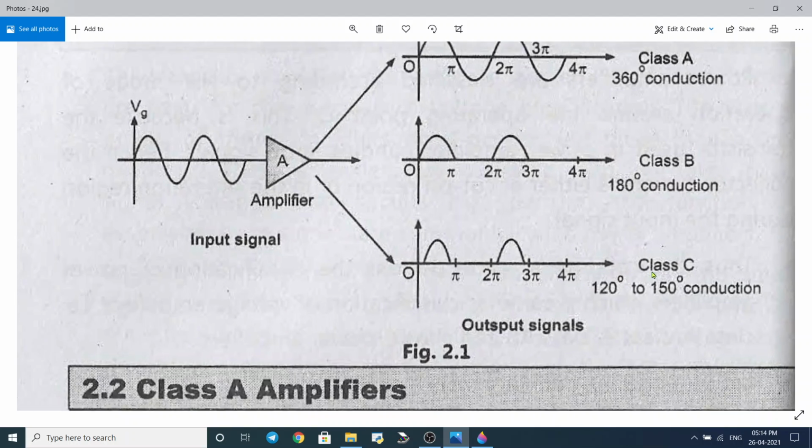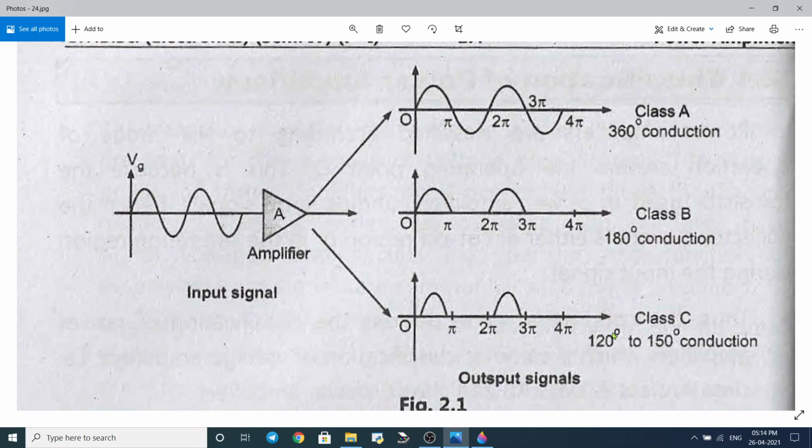Similarly, we can see class AB. In class AB, more than half cycle means up to here. This much part will be amplified. More than half cycle will be amplified like this. So this is class A, class B and class C mode of operation.